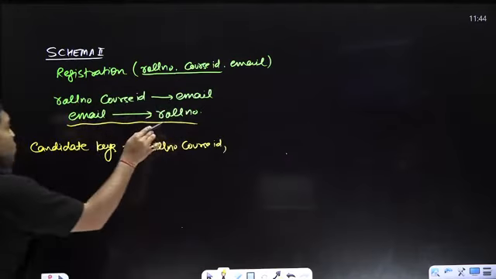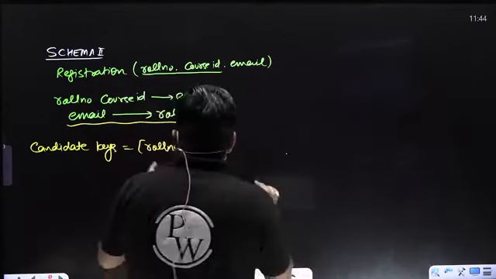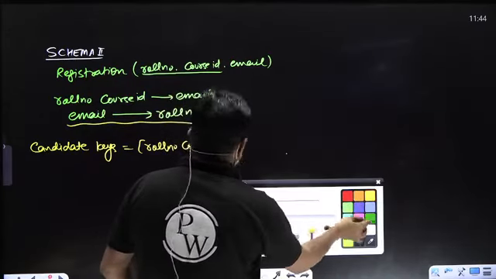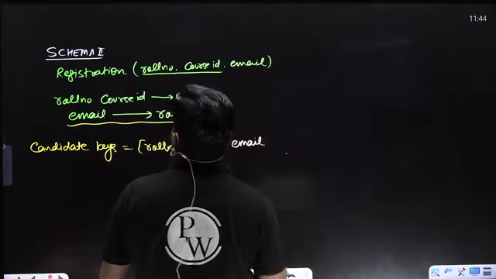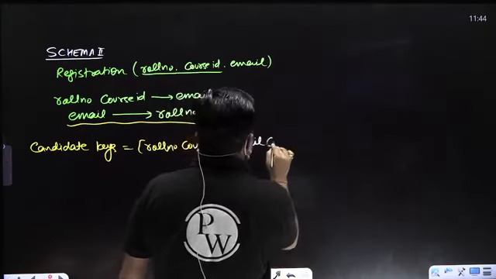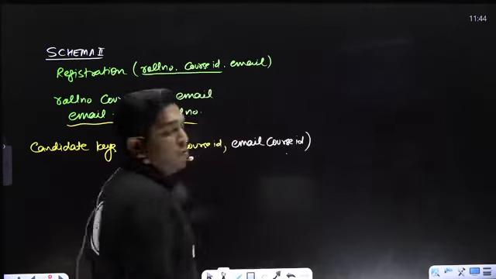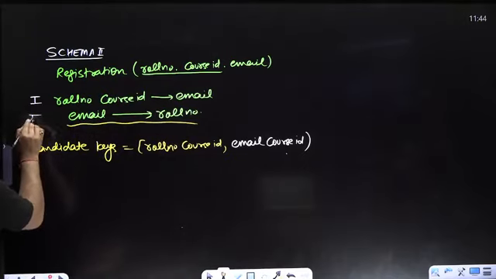Second, you can see roll number, email determine the roll number. So what we can say, next will be email and course ID, my dear. Now I am giving these FDs the names first and second.